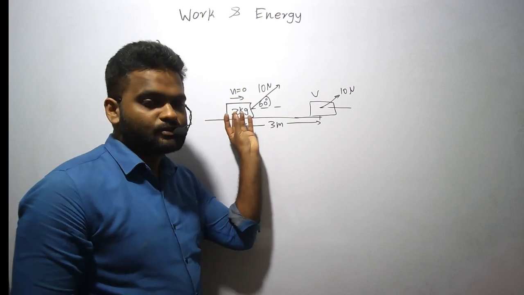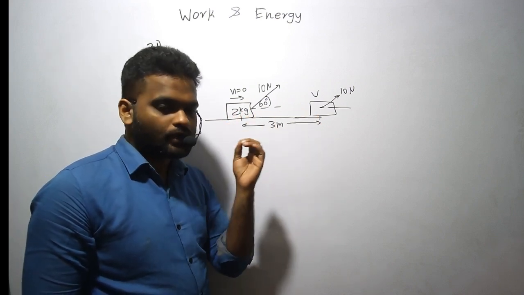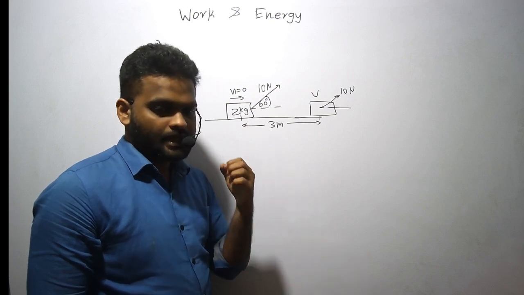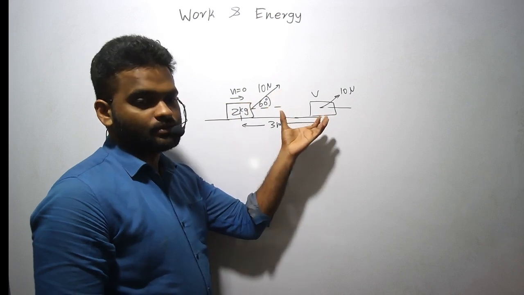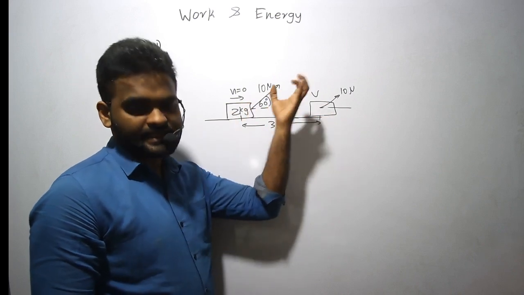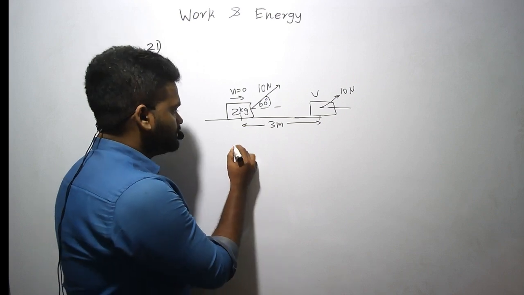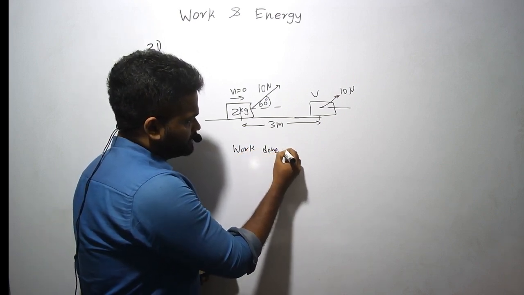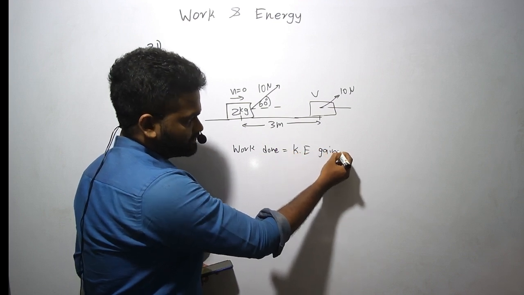So this is a smooth plane, right? Meaning there's no friction, so you don't have to do work against friction. The work you do converts into the kinetic energy gained. So we can say work done equals kinetic energy gained.